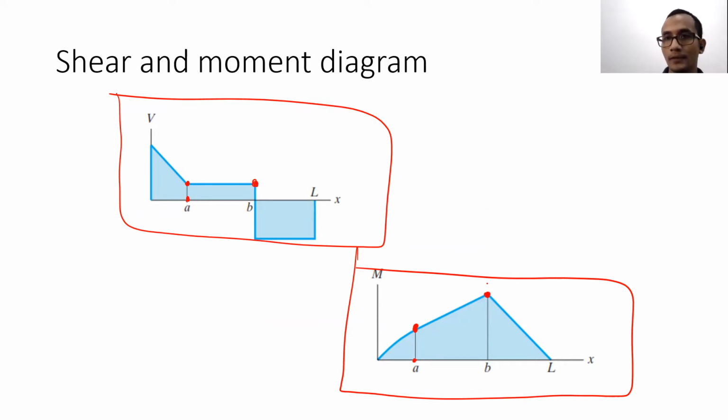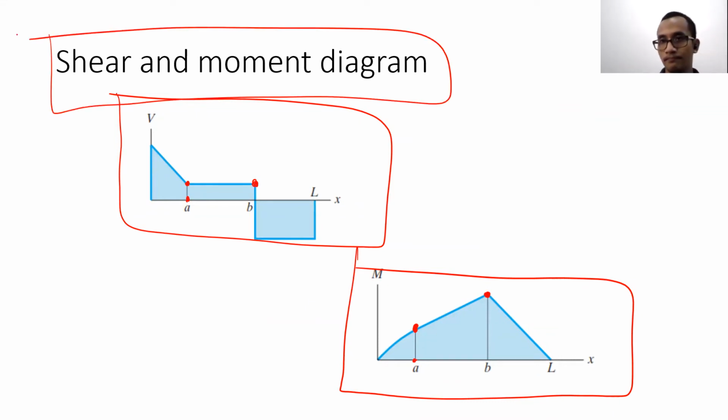So we can find out the value of the shear force and the moment at every location in the structure by finding the shear force and moment diagram. If you have found out the shear force diagram and moment diagram, it will be very easy to find out the value of the shear force and the moment at certain location.